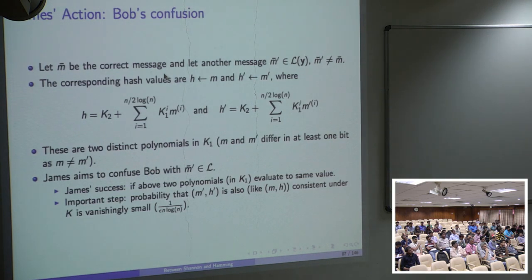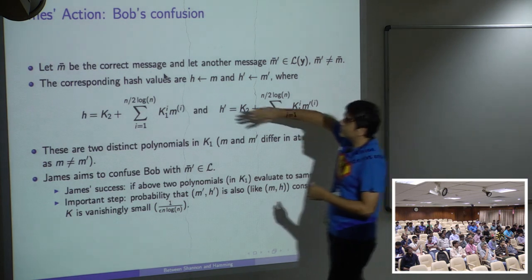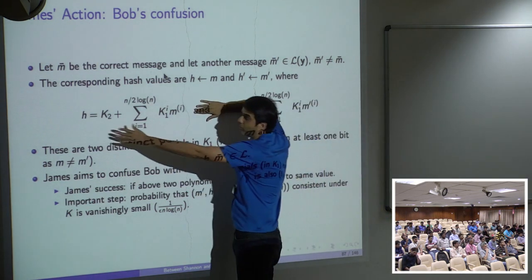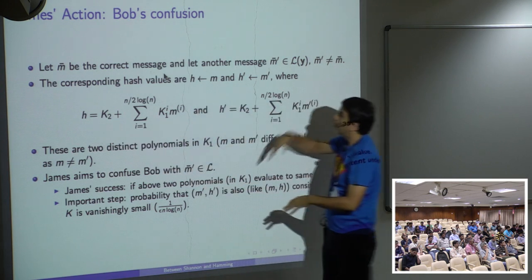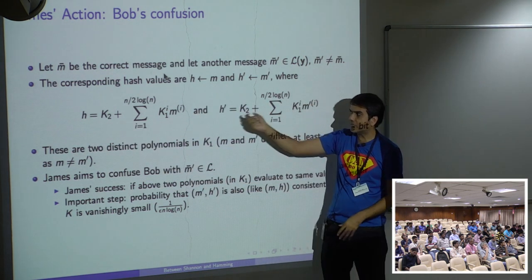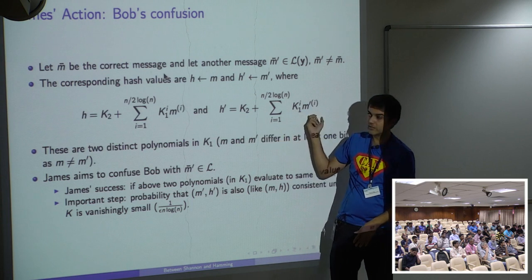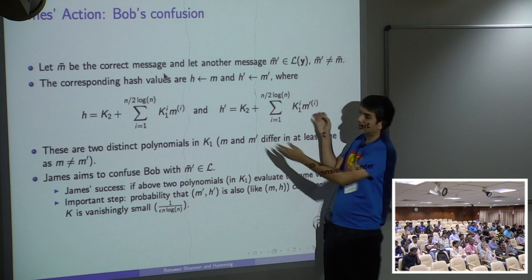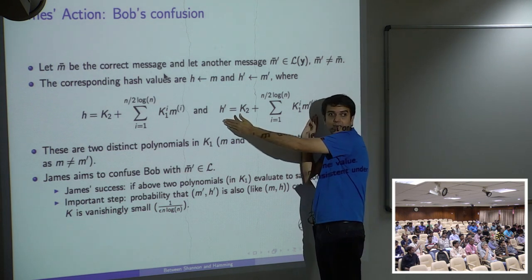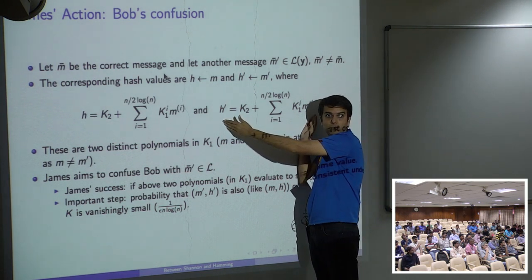So now what do we say? Okay, so this is what's happening with the true message and the hash, right? It satisfies this equation. Let's say that the adversary presents some fake hash, some fake message, okay? And the fake message has to differ from the true message, otherwise the adversary won't succeed. So this is some other candidate that he puts on the list to try to confuse Bob, right?